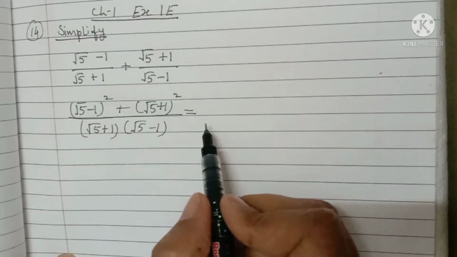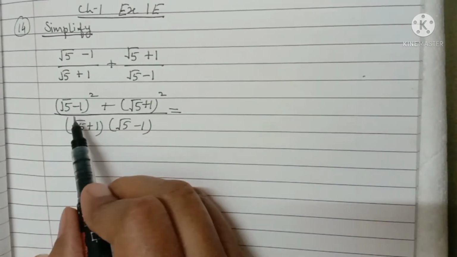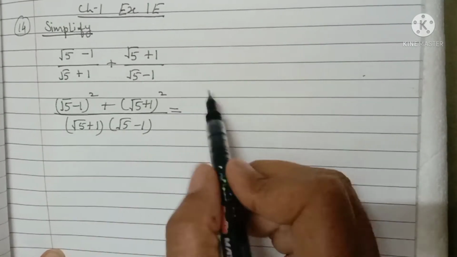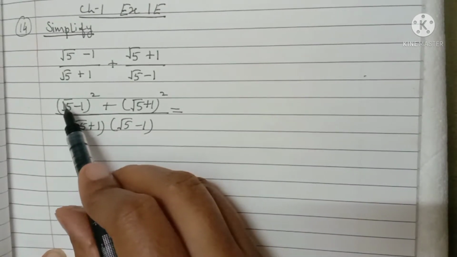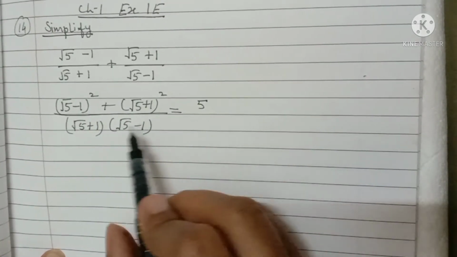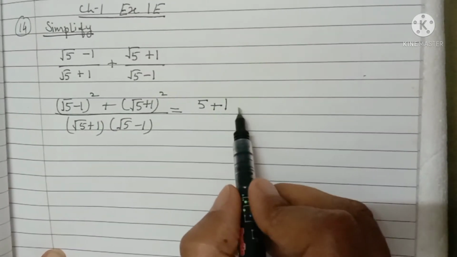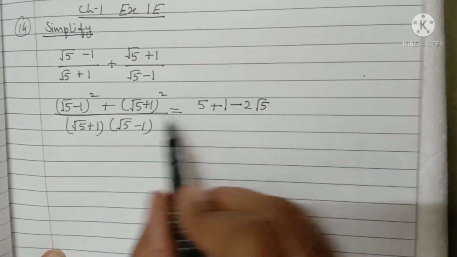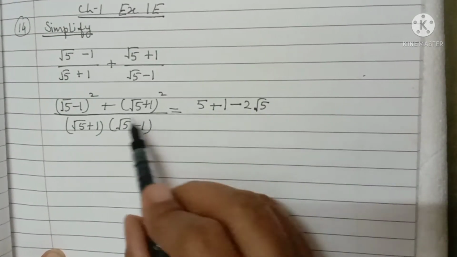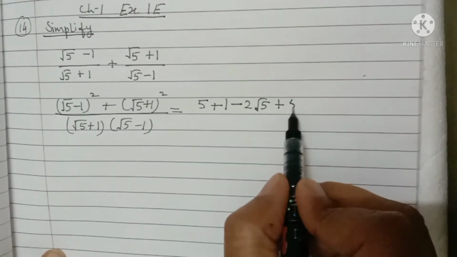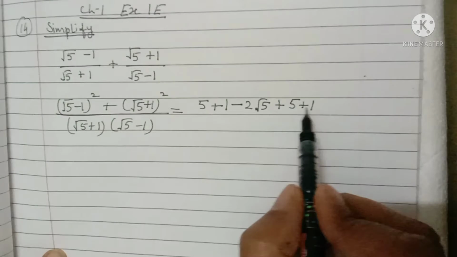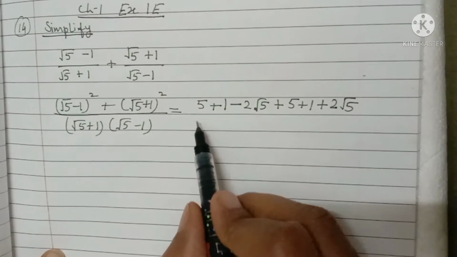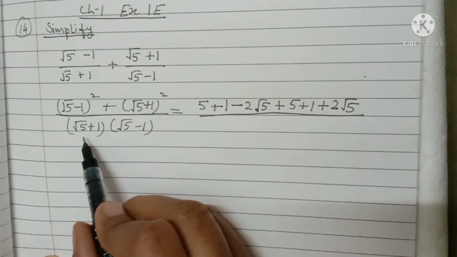Now solve it by using the identities of (a plus b) whole square and (a minus b) whole square. So this becomes a square, means under root 5 square, means 5, plus 1 square, means 1, minus 2ab, so 2 root 5. Now similarly in this bracket, under root 5 whole square means 5 plus 1, and here plus 2 root 5, 2ab, upon this is a square minus b square.